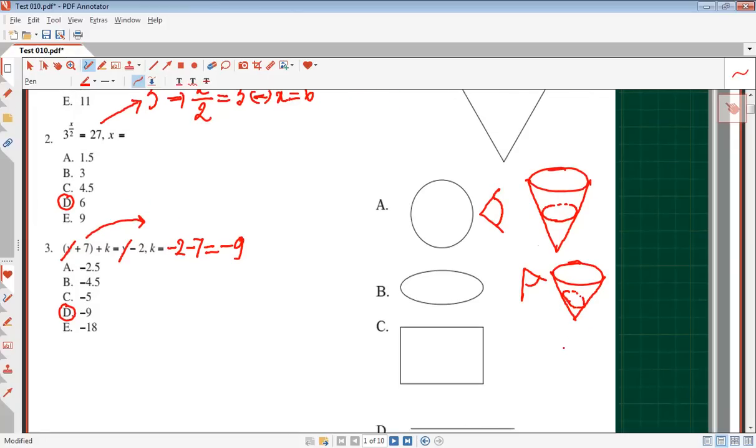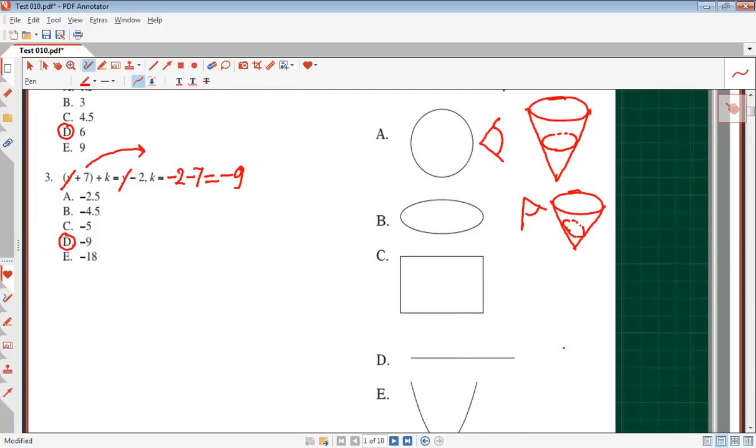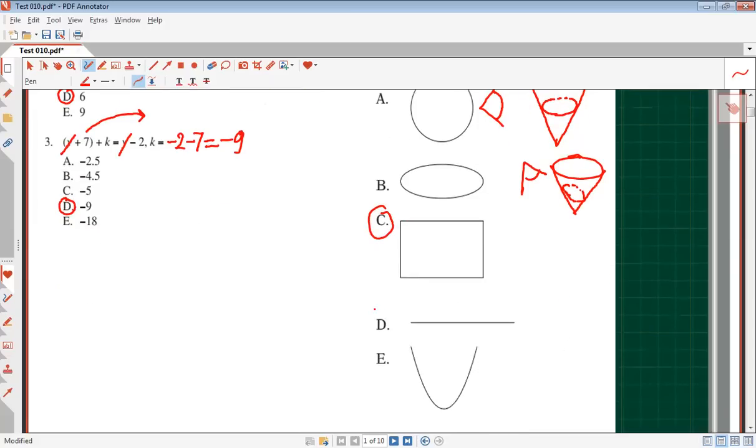Frankly, option C, it cannot happen. But to be sure, we will check option D and option E.